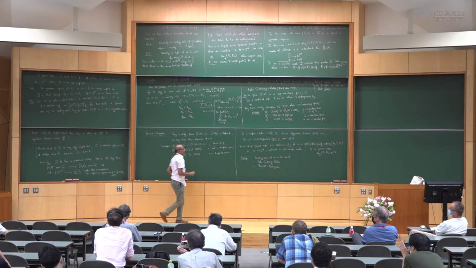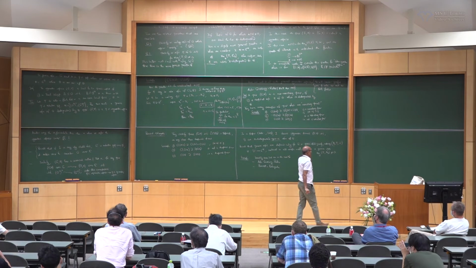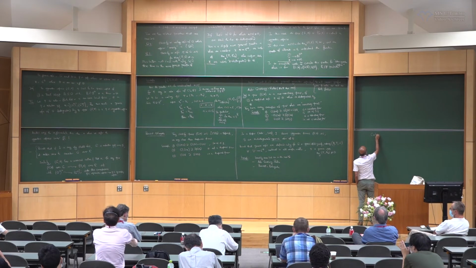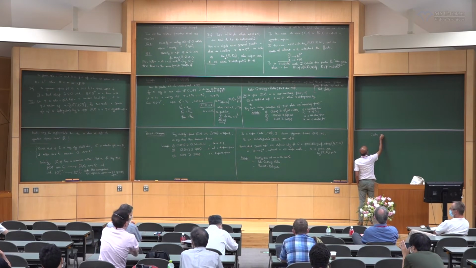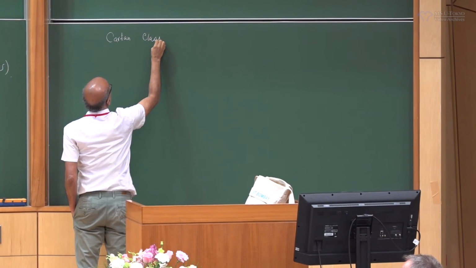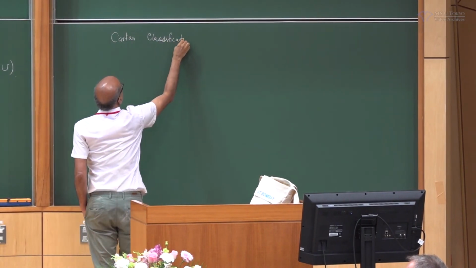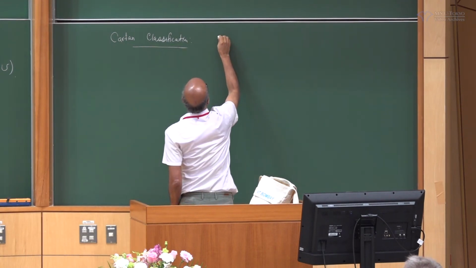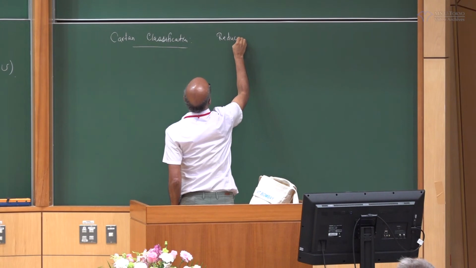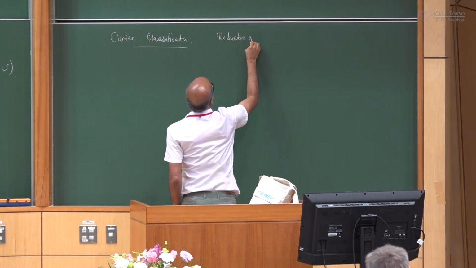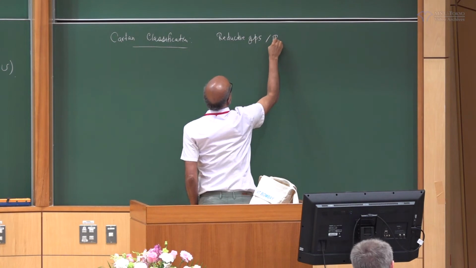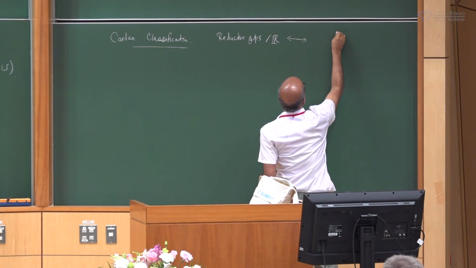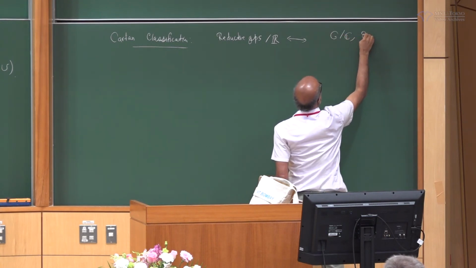Okay. So next I want to recall for you this classic theorem of Cartan, which may have come up in these lectures, Cartan's classification. Which says that reductive groups over R are in bijective correspondence with G over C together with theta.